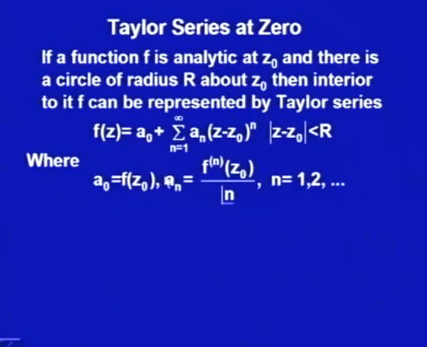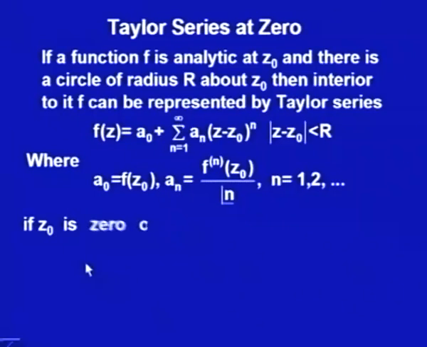Now, if z naught is a 0 of the function f, what it says is that f of z naught would be 0, that says a naught would be 0. Now, suppose z naught is a 0 of order m, then what would I get? I would get that f of z naught would be 0, the first derivative f dash z naught would be 0, the second derivative f double dash at z naught would be 0, until the m minus 1th derivative at z naught would be 0.